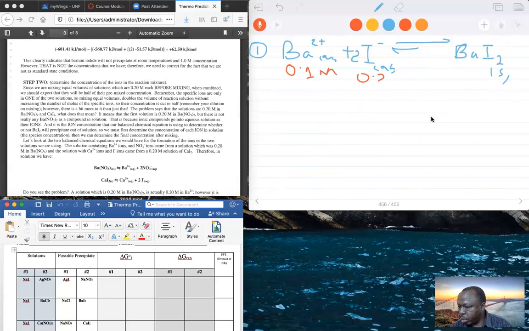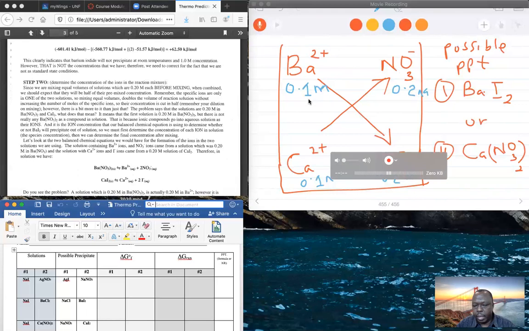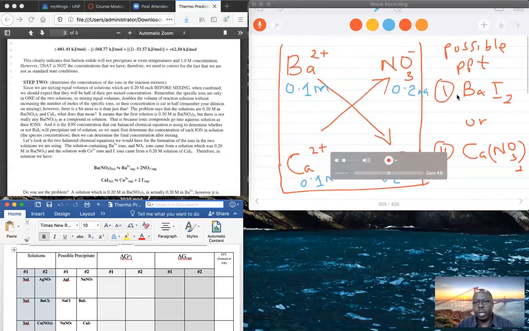After mixing the two, I want you to follow how the concentration is changing. Why did we have the original, the initial one? It's because of doubling the volume. When you double the volume, the concentration will reduce by 1/2.